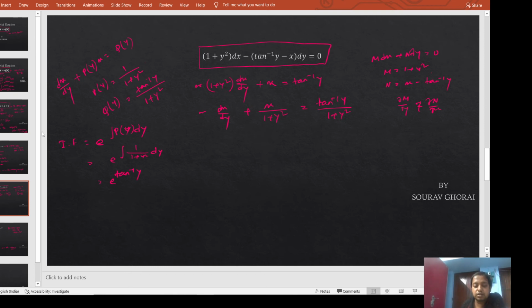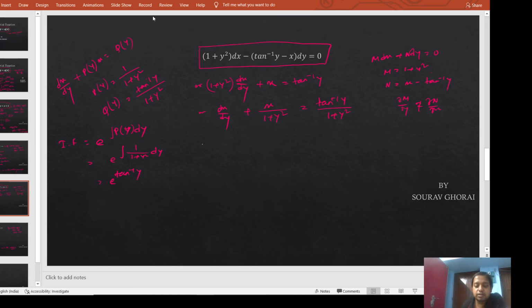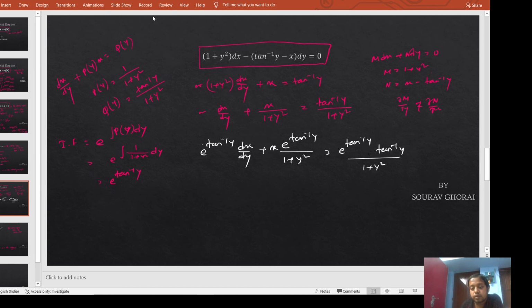After multiplying by the integrating factor, we get e^(tan⁻¹y) dx/dy + x e^(tan⁻¹y)/(1 + y²) = e^(tan⁻¹y) tan⁻¹y/(1 + y²).